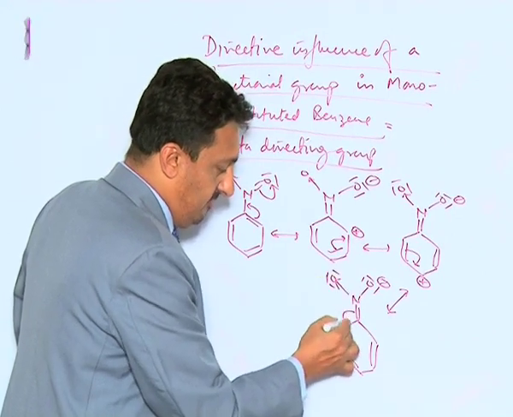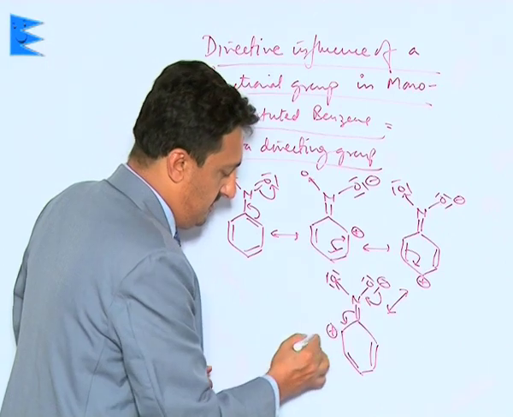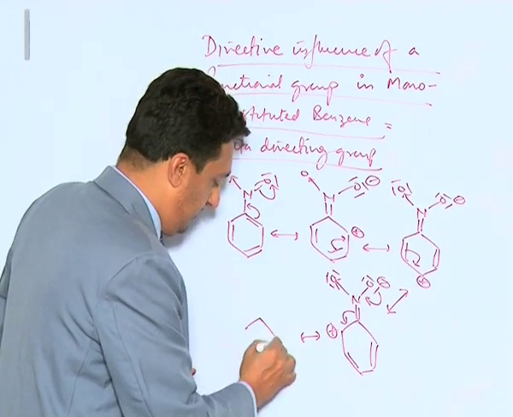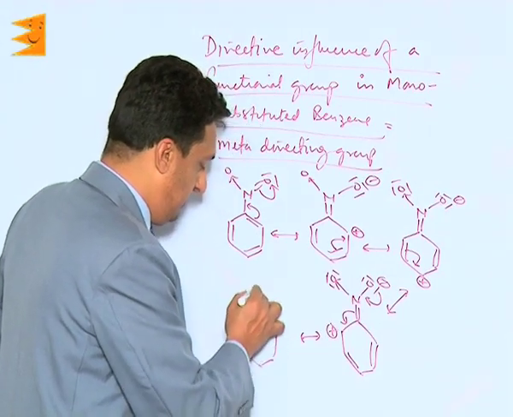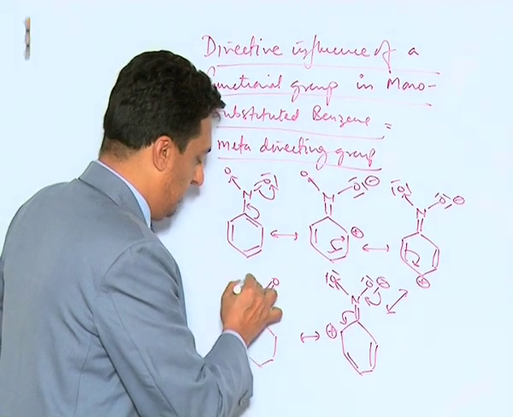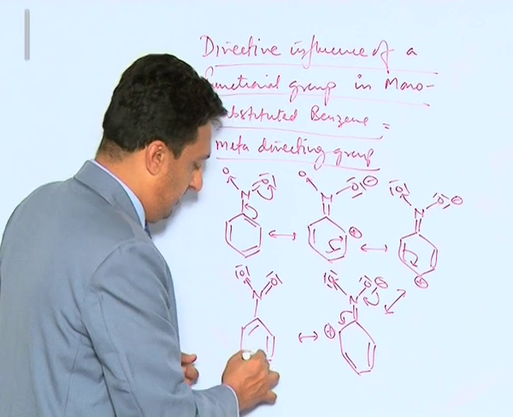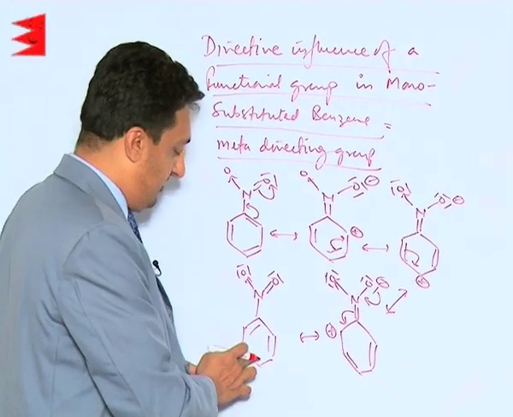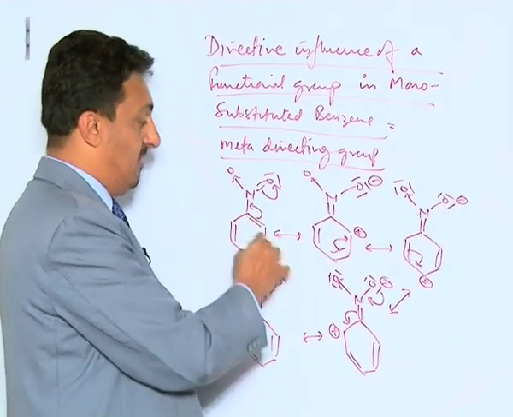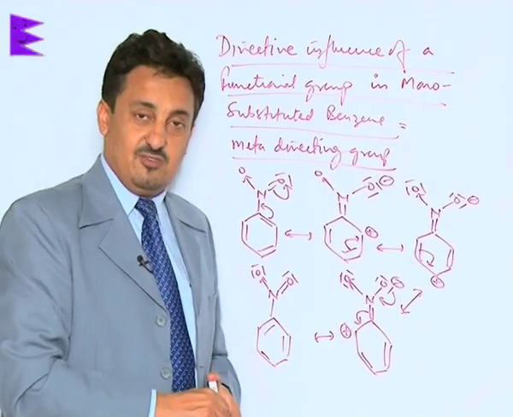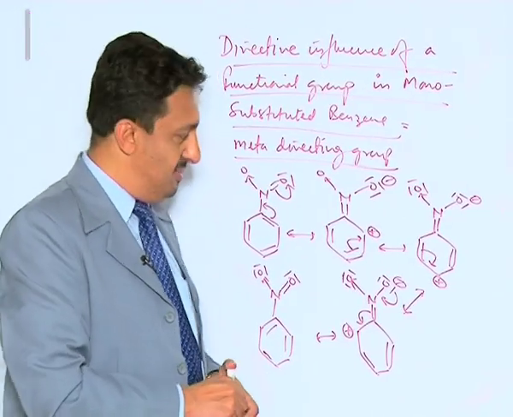And then it comes back here in this way. So the last and fifth resonating structure which we draw is very similar to the first one, with the only difference being that the position of the double bond in the benzene ring has been changed, which shows that the complete movement of pi electrons is taking place.